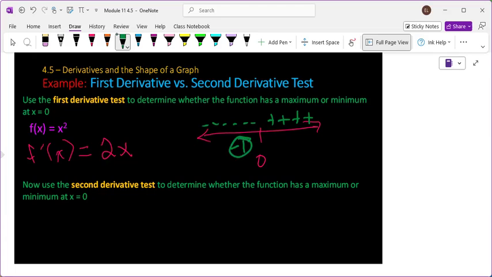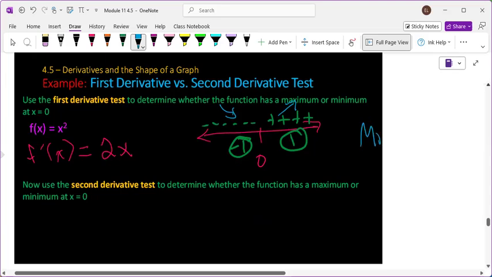I pick a test value of -1 or +1. 2 times -1 is negative, 2 times +1 is positive. So that is decreasing to increasing. So it is a minimum.